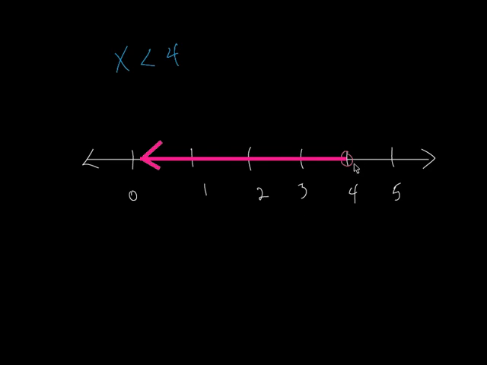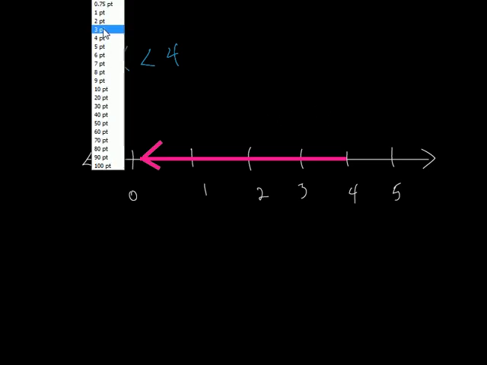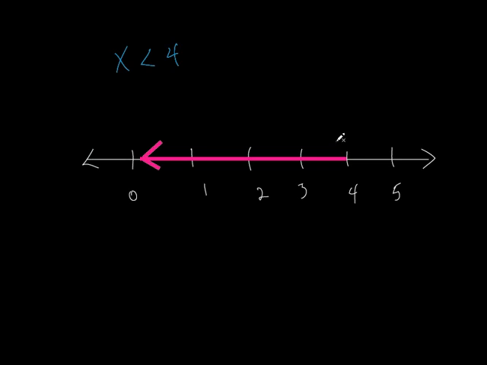Now, with one little difference. They don't put the open circle on here. For some reason, not even sure why, to tell you the truth. What they do is they put a parentheses, like this. So instead of an open circle, it's a parentheses. We're doing the parentheses. I'm showing you how we're doing it here.